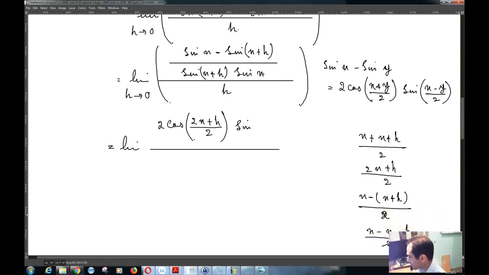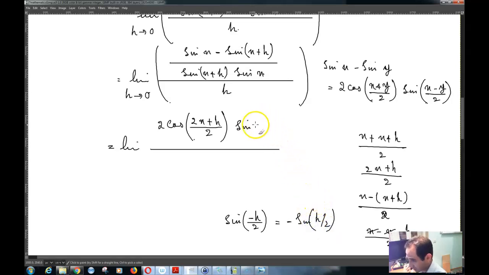And then you can cancel these two out. You have negative h by 2. Now sine of negative h by 2 is equal to negative sine h by 2.